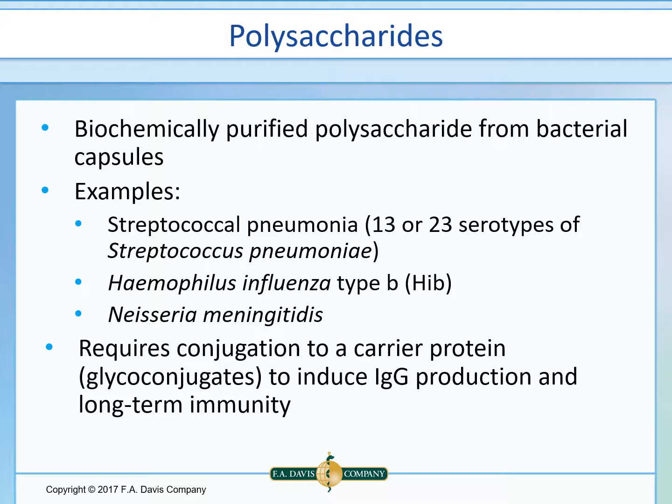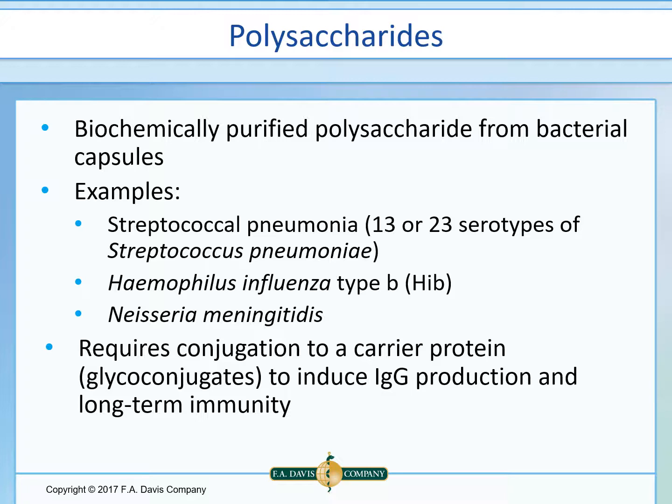A problem with the polysaccharide antigens is that they don't induce a good immune response, especially in infants and elderly, two populations that are at high risk for severe consequences of encapsulated bacterial infections. This is a result of polysaccharides being T-independent antigens that stimulate IgM production with no immunoglobulin class switching or long-term memory response.